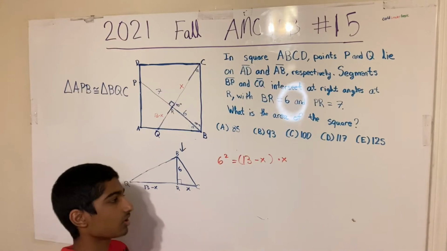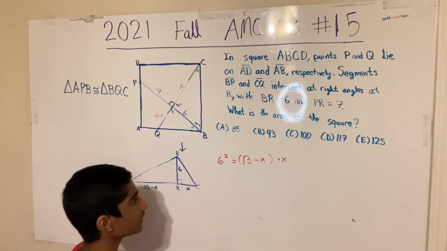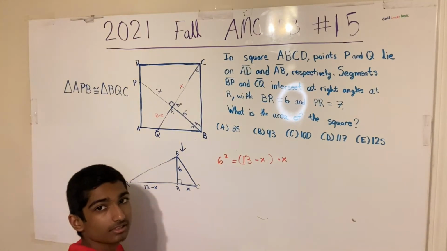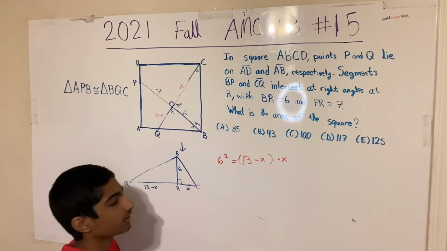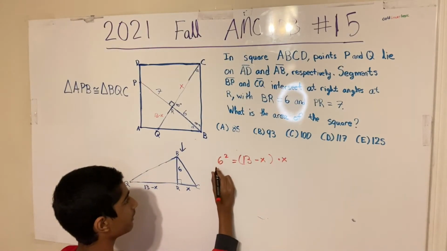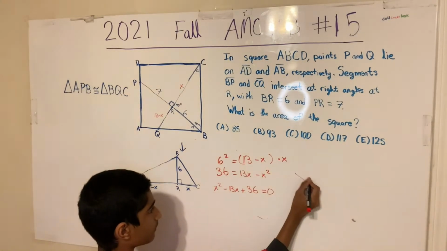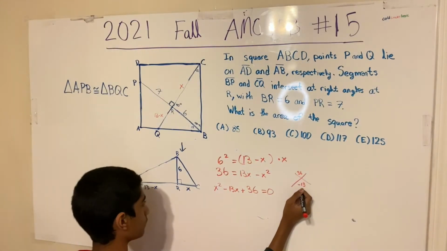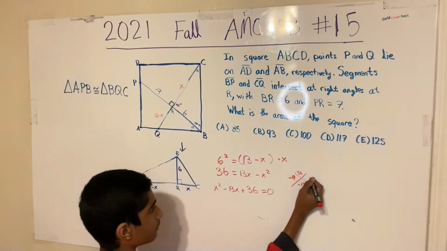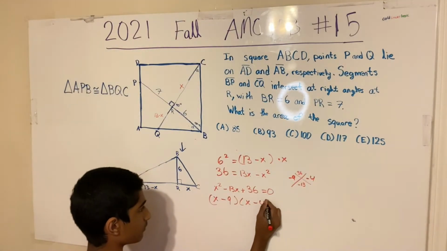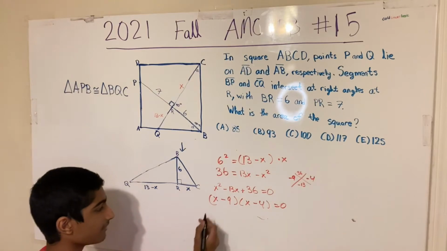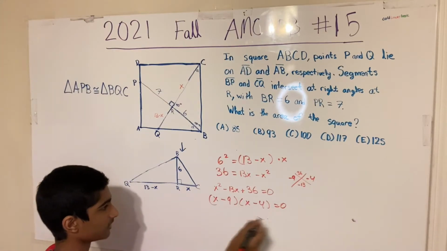And now we just have to solve this quadratic equation really quickly. I'll speed this up because it's just factoring. Okay, so now we have x minus 9 times x minus 4 is equal to 0.